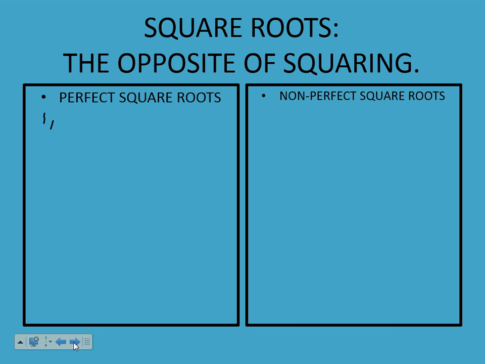2 squared is 4. 3 squared is 9. 4 squared, 16. 5 squared, 25. 6 squared, 7 squared, 8 squared, 9 squared, 10 squared, 11 squared, 121. 12 squared, 144.